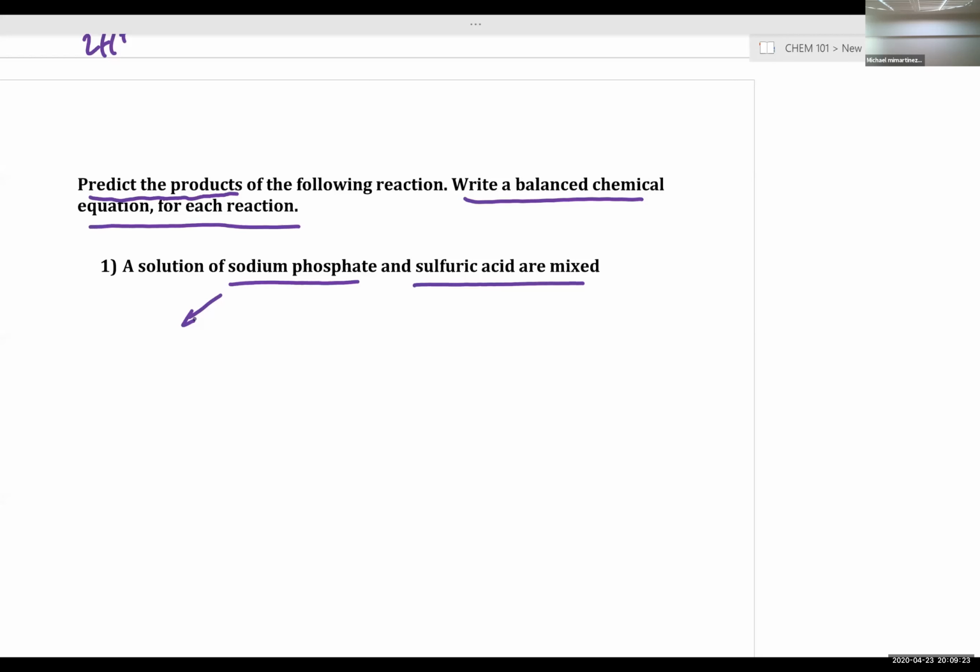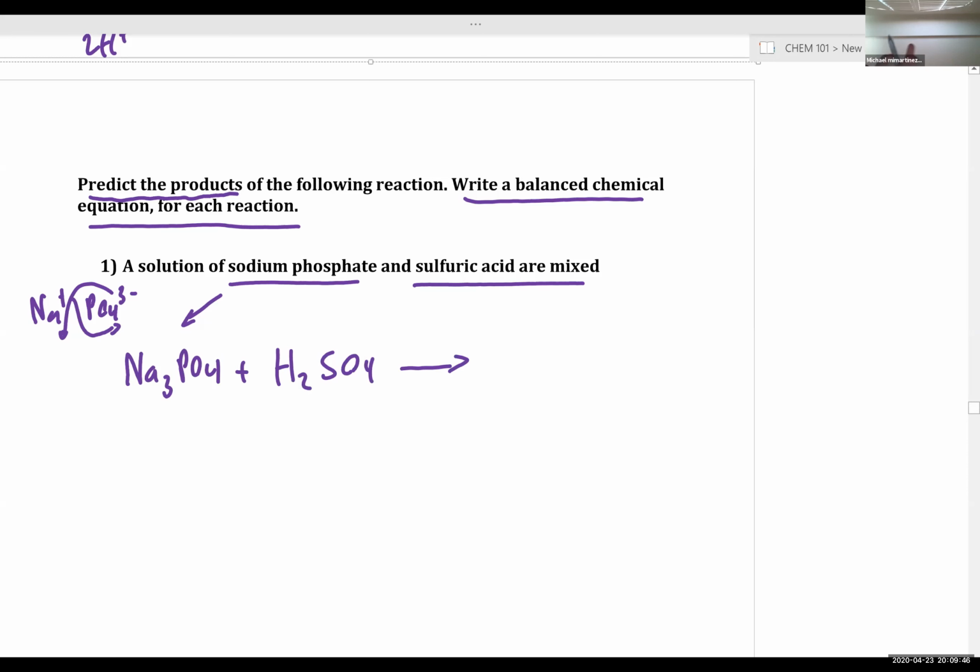What's the formula of sodium phosphate? Yep. Na3PO4, because we take Na plus and we cross it with PO4 3 minus. When we cross the charges, we get Na3PO4. It's reacting with sulfuric acid, which is H2SO4.